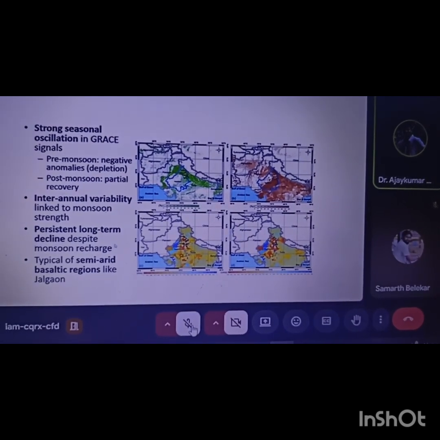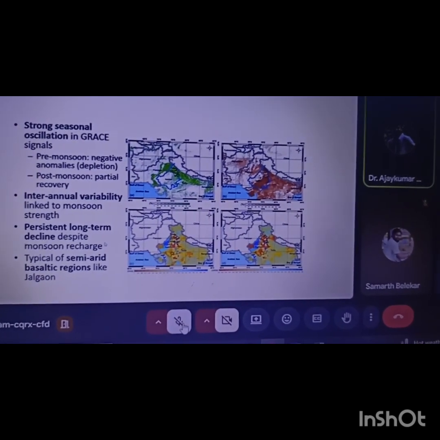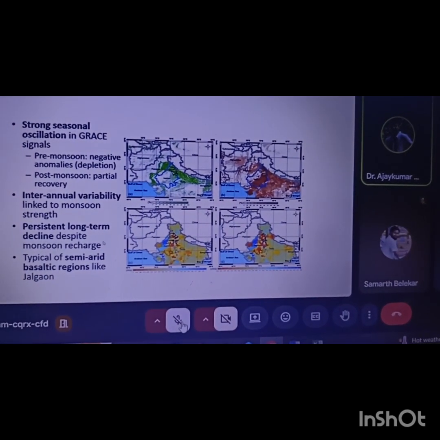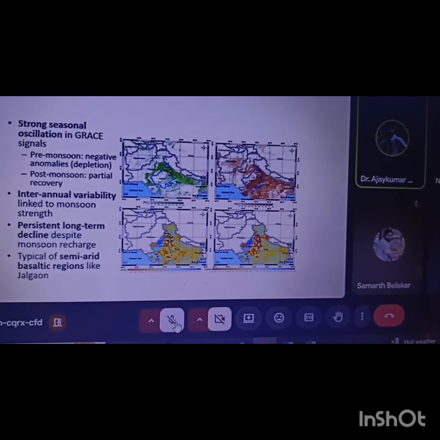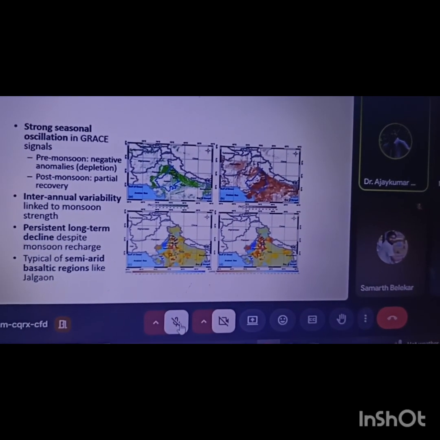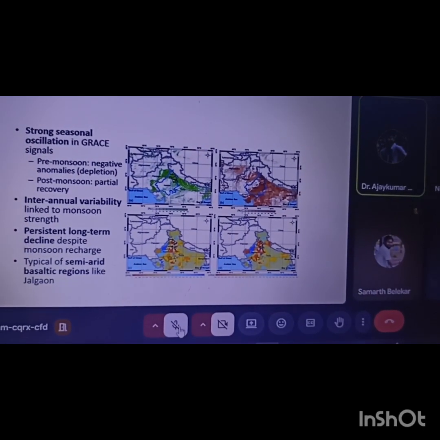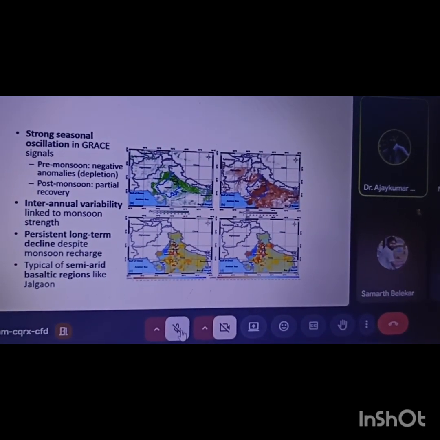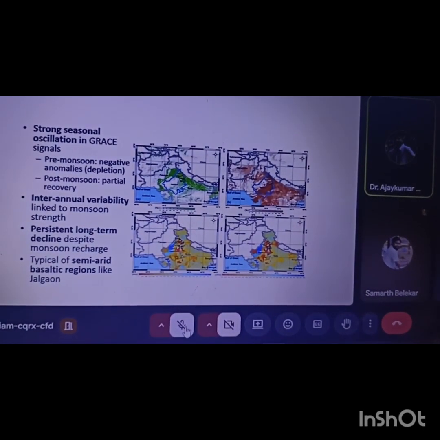Why this happens is due to the over-exploitation of water resources in that area. This also happens mainly in the semi-arid basaltic region, like Jaga also. So these are the results that are compared.